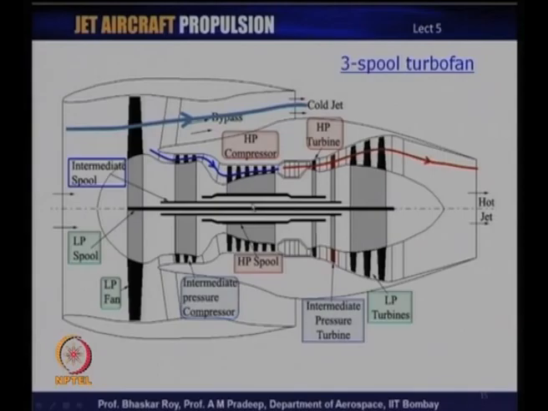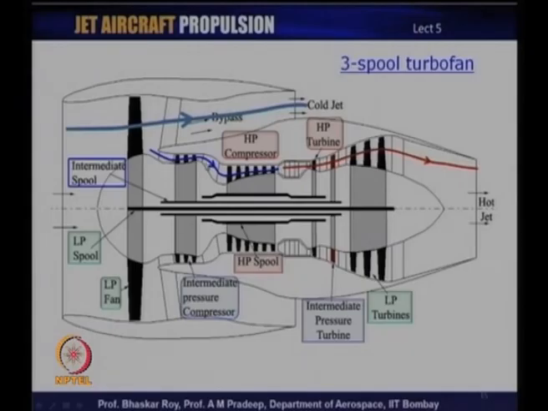The other 2 spools are the intermediate pressure turbine, which carries power to the intermediate set of compressors, and the HP turbine, which supplies power to the HP compressor. Of course, this inner path of the flow, which carries the air in through the intermediate compressor, through the HP compressor, into the combustion chamber, into the HP turbine, and then into the intermediate pressure turbine, is the inner flow.